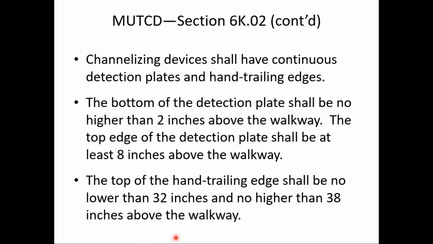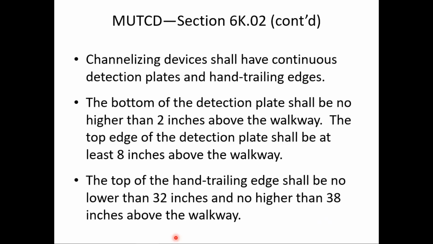And the MUTCD goes on to say, and notice there's a bunch of shalls here, that channelizing devices shall have continuous detection plates and hand trailing edges. And I spoke about hand trailing earlier. The bottom of the detection plate shall be no higher than 2 inches above the walkway.